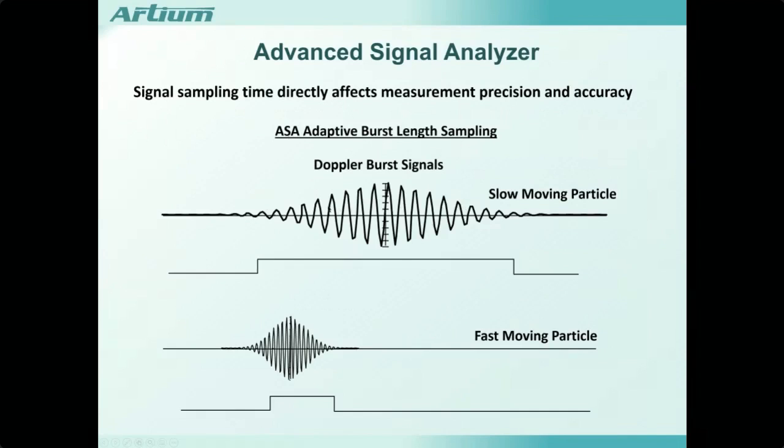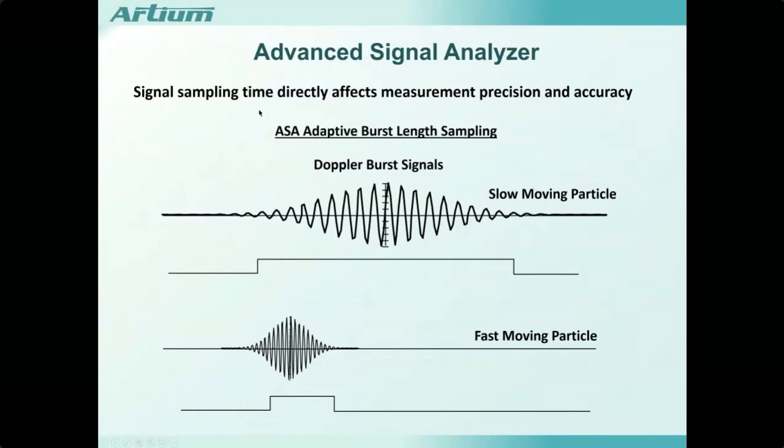And just to go back to that comment I made, the signal duration will vary, and I show a factor of 2 or 3, but in many cases it can be as much as a factor of 100 in duration. And so that requires the potential for sampling the signal over very long and differing lengths.